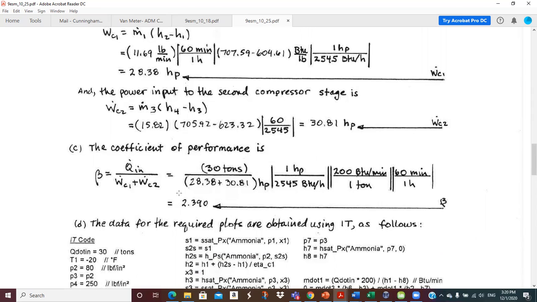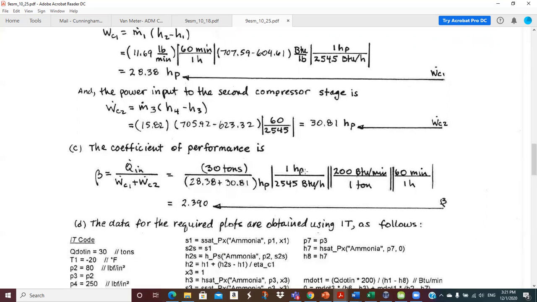and the coefficient of performance is the 30 tons divided by the sum of the two compressor work inputs. And of course, we got to get these in the same units. This is horsepower and this is tons. And so we have to do some conversions. So what are we going to do? We're going to get rid of the horsepower. So 1 horsepower is 2545 BTUs per hour. And then we're going to get rid of the tons. So a ton is 200 BTUs per minute per ton. That gets rid of tons.